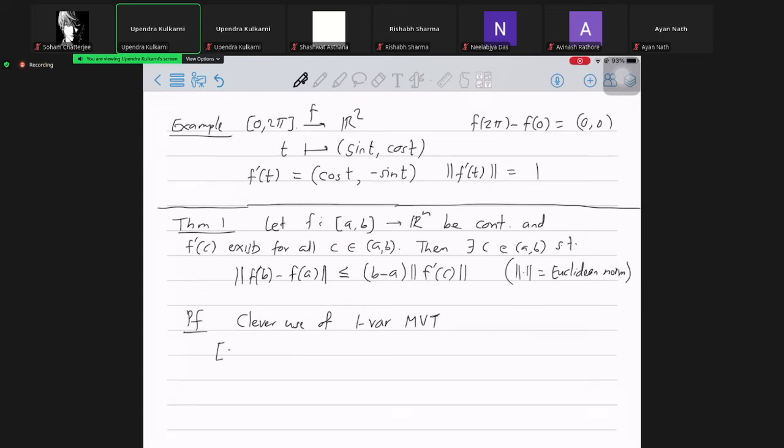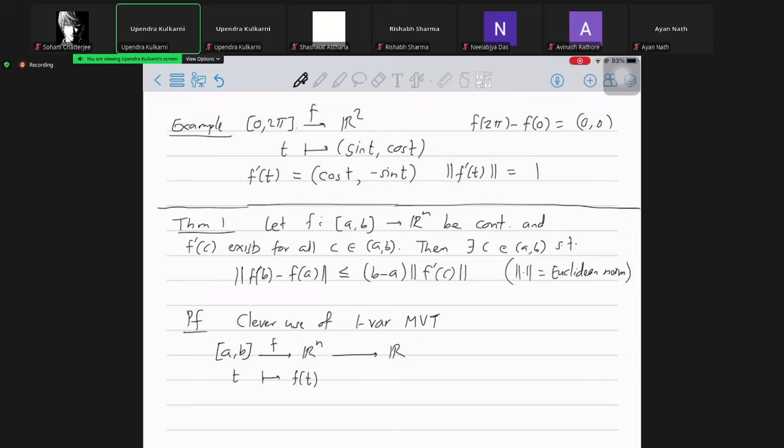From here, I'm going to go to Rn, and here I'm going to go to R. The original function is given to me, so this is f. So t goes to f of t. That's a vector. All right, let's put that on the side.